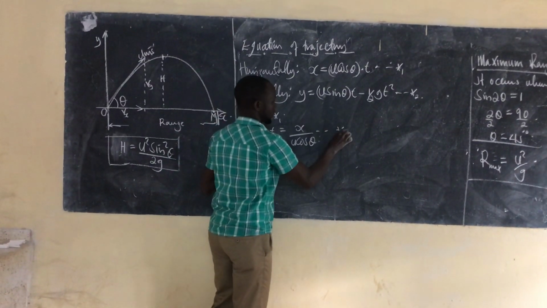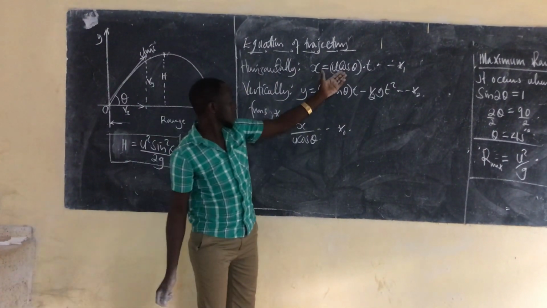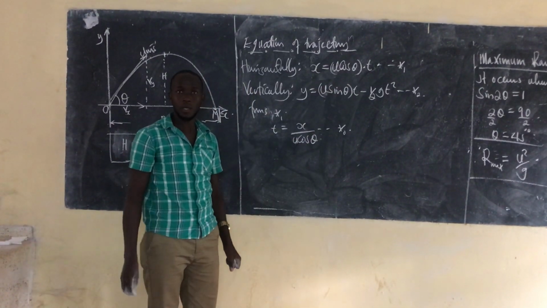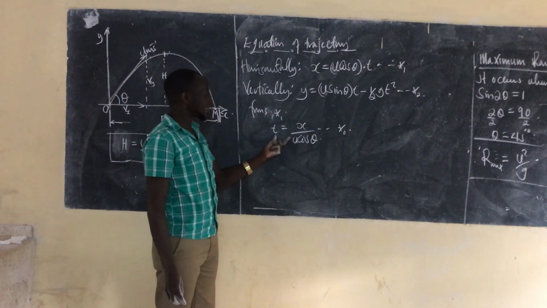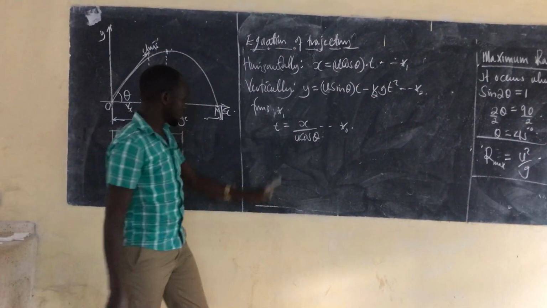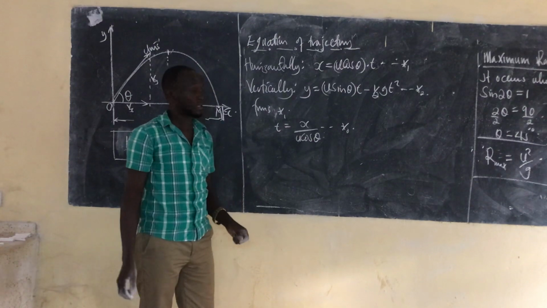When you make t the subject, it will be x divided by u cos theta. After getting this, substitute t into the vertical distance.